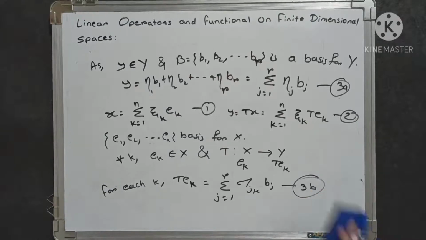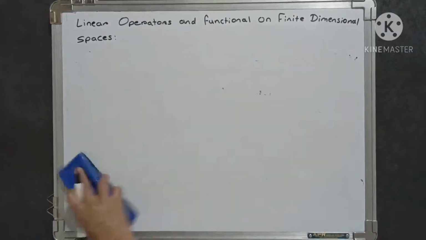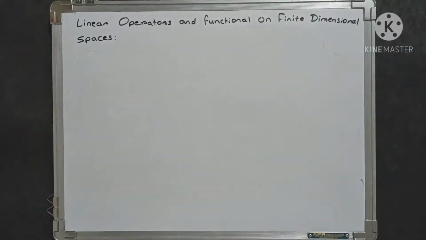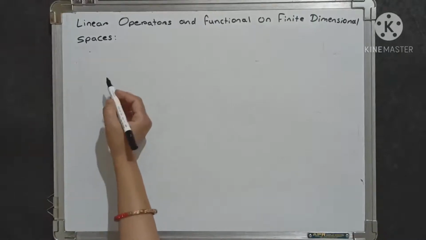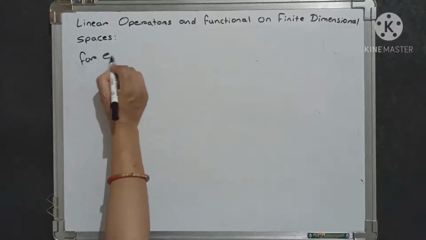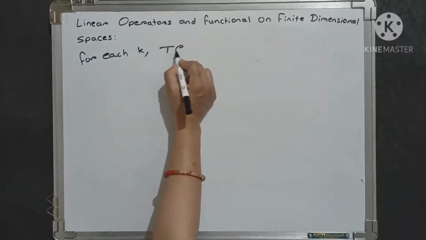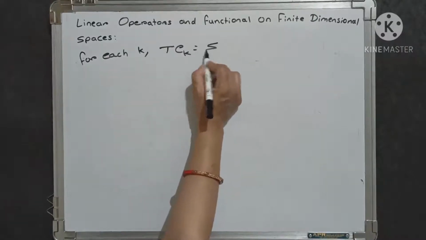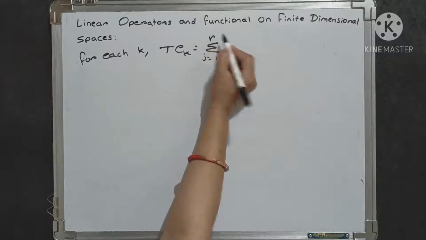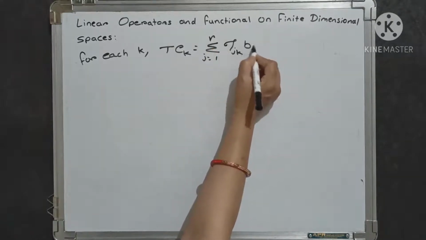That means for each k, T e_k equals the summation over j from 1 to r of τ_jk b_j.